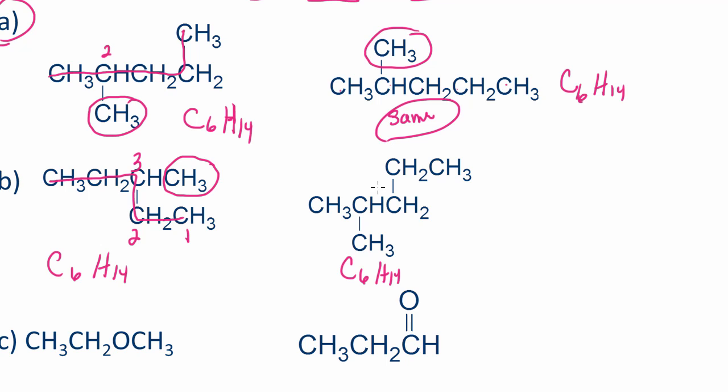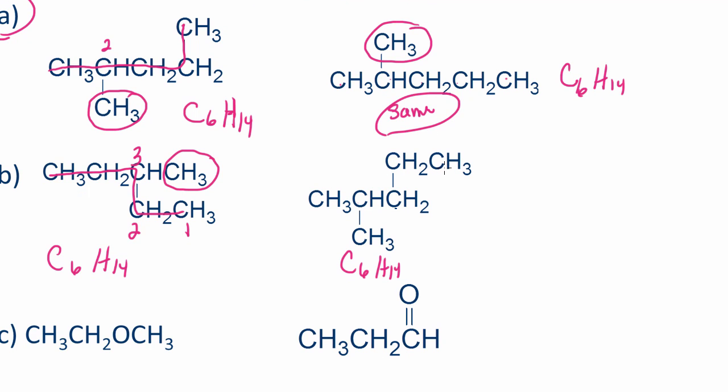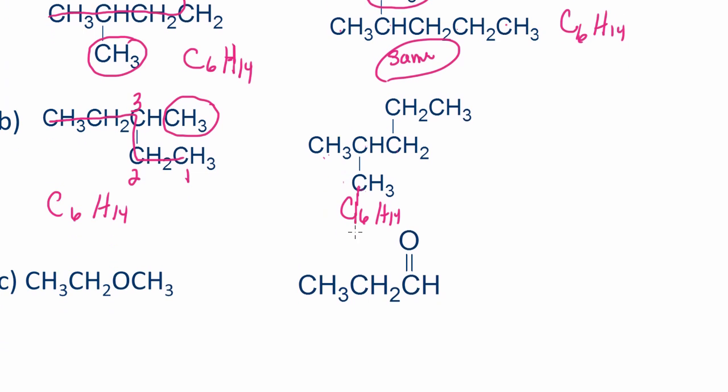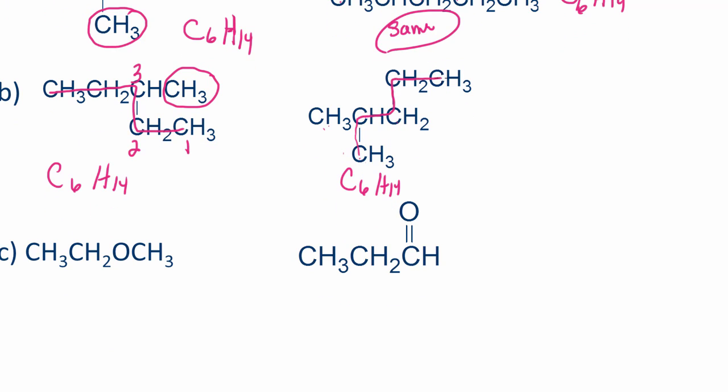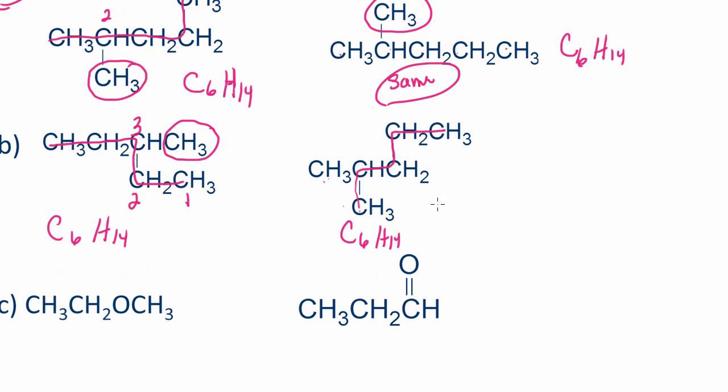Let's see what's going on here. My longest continuous chain here, I can go 1, 2, 3, 4, 5, or I could even go this way, 1, 2, 3, 4, 5. So let me just start here. We'll make that number 1. 1, 2, 3, 4, 5. Remember, you can find that continuous chain from different ends of the molecule. So it might be a little different. That's one longest continuous chain.